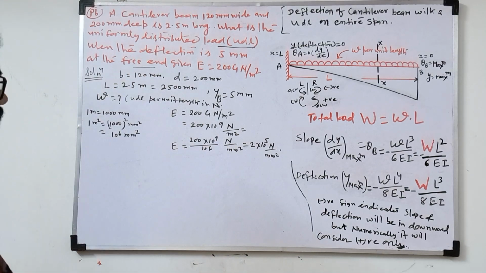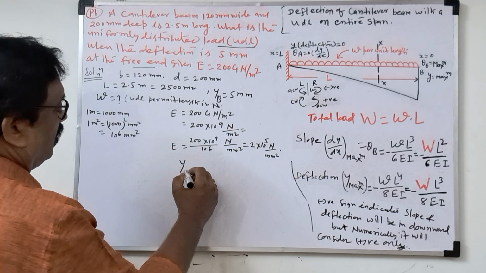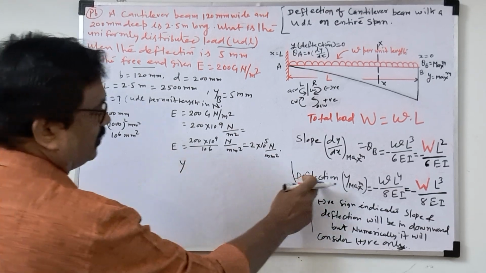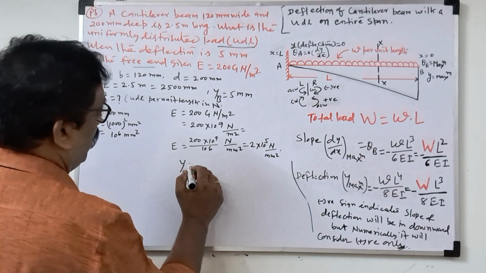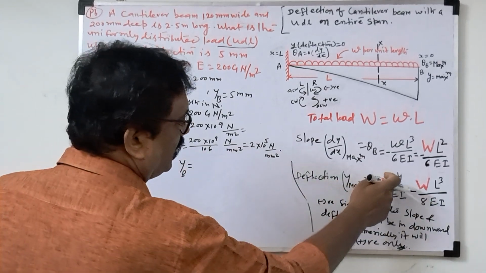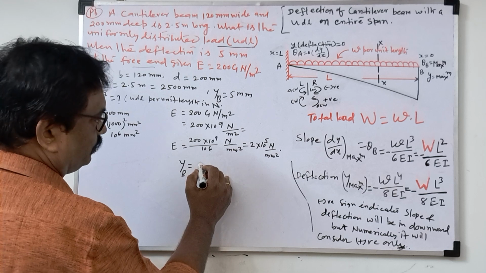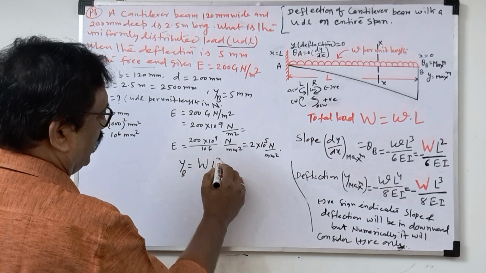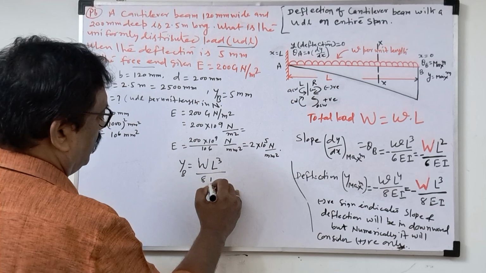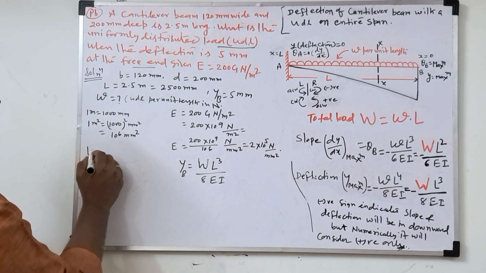The deflection is given here. If we write the deflection formula, YB, because they are asking at the free end, the formula with capital W is W L cube by 8EI. Then what is capital W here?